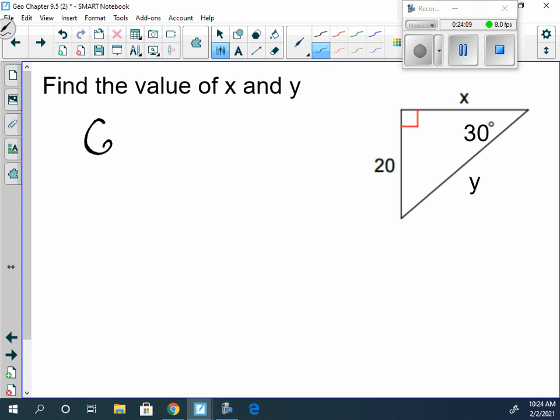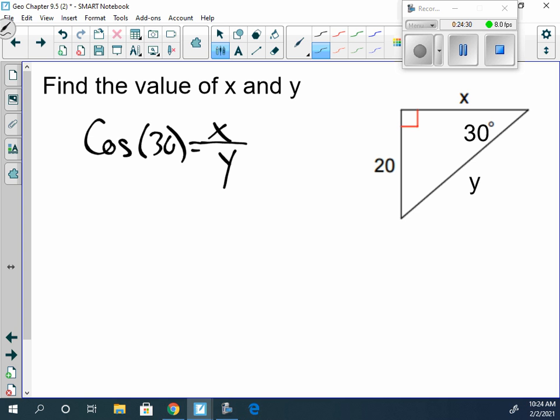So we'd have cosine of 30 degrees is equal to x over... Wait a minute, how many variables do I have this time? 2, don't I? Well, we can't solve for 2 variables at the same time. We can only solve for how many? 1. Okay. Well, let's try sine.